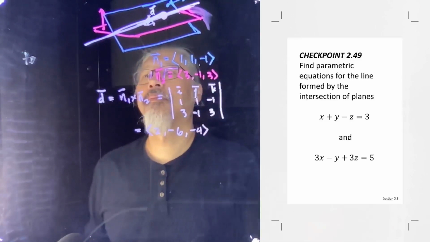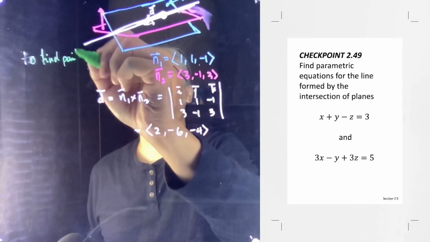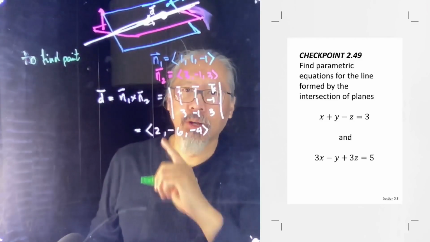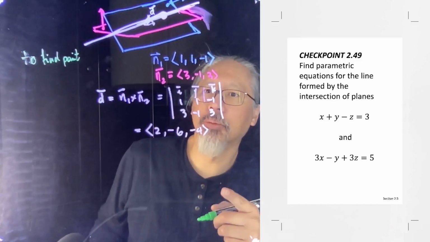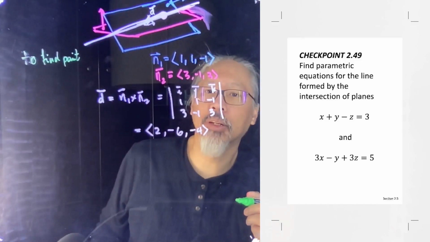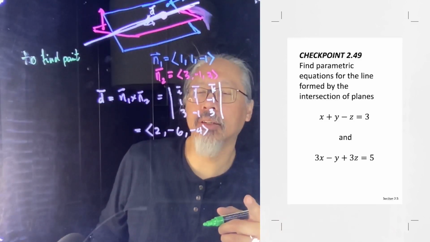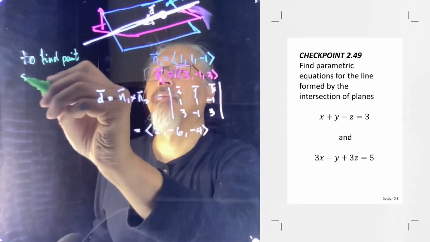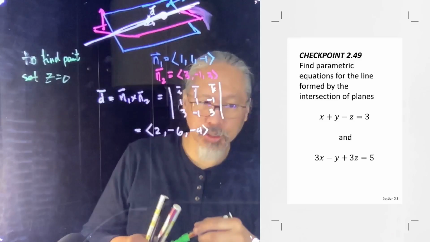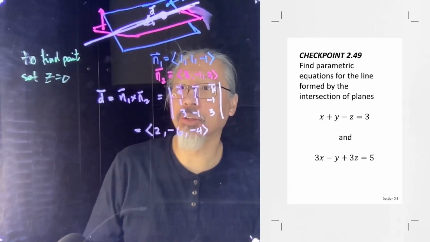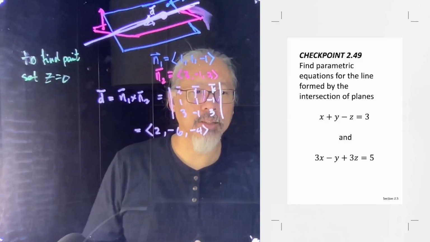To find the point, what we want to do is set one of the variables equal to a constant, and then see how it satisfies the two equations. I'm going to set z equal to 0, and I just randomly chose z, but you could have let other variables equal whatever you want, and then you're going to plug it into the equations.